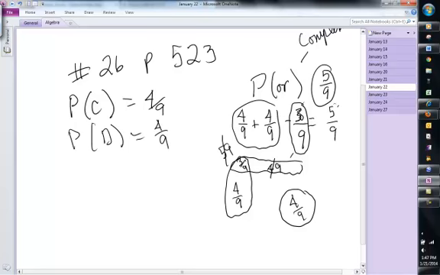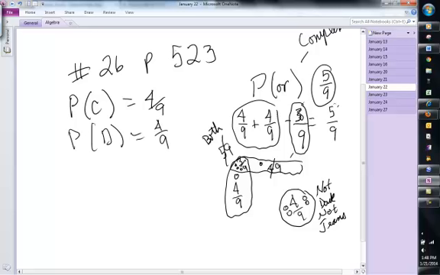Because if there are 9 people, 4 of them are here, 3 of them are here, and that means that 1 of them is here and 1 of them is here. So like this would be the people that are not dark-haired and not jeans. And these are the people that are both jeans and dark hair, and so on.